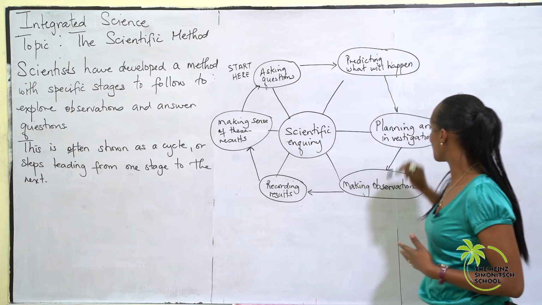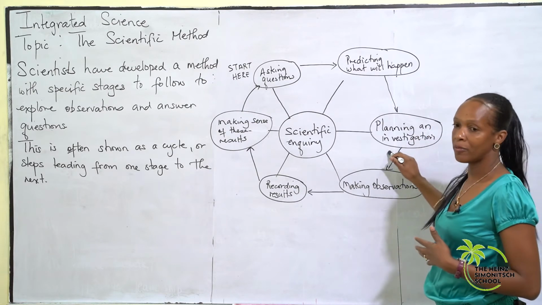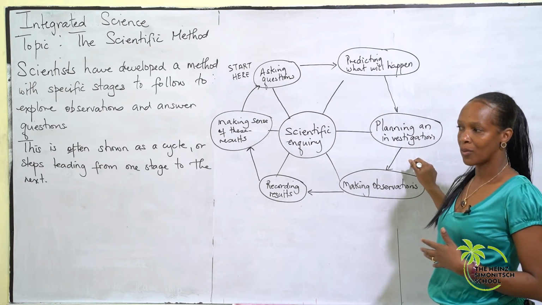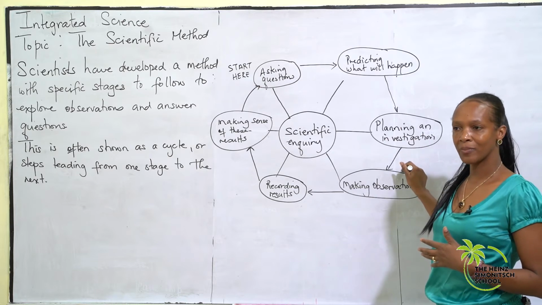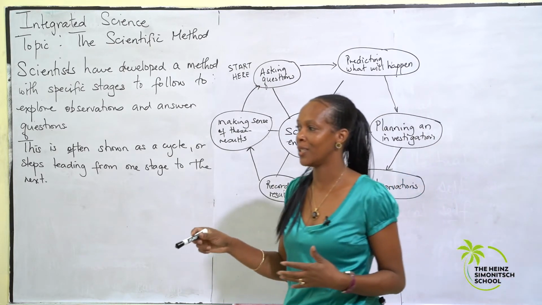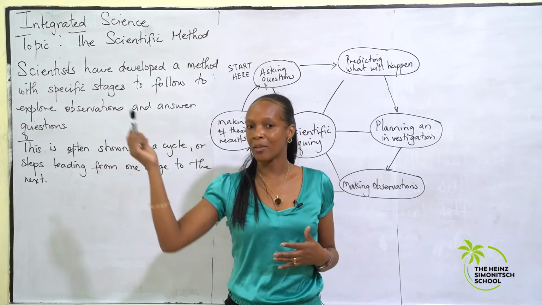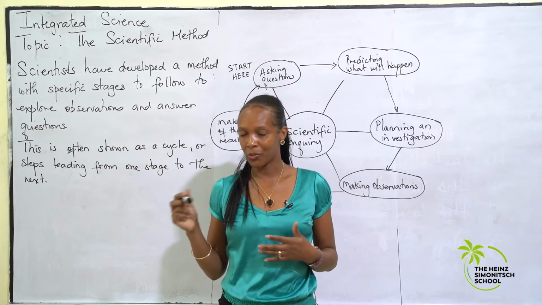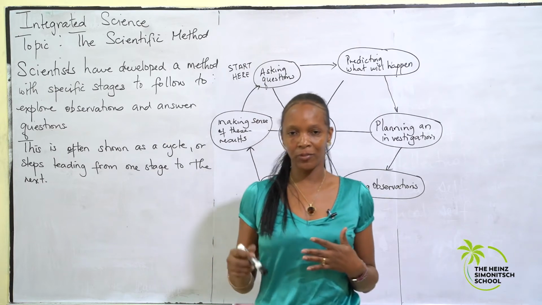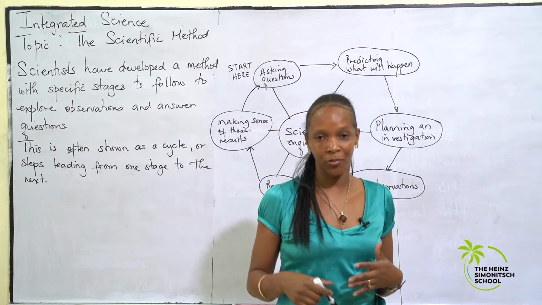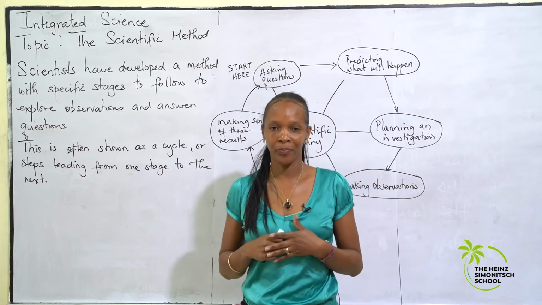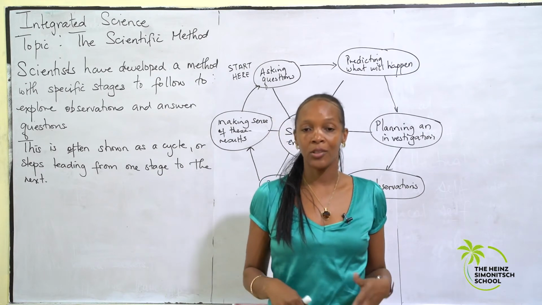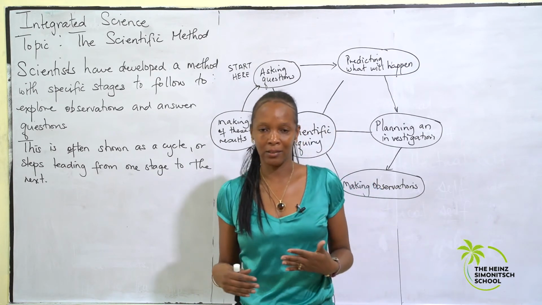Next thing you're going to do, you're going to plan an investigation. So where do we start? Do we go outside? Do we pull up that big tree there? Or you will see the developmental stages. If you pull up that big tree, we start small. So you're going to make your plan, right?